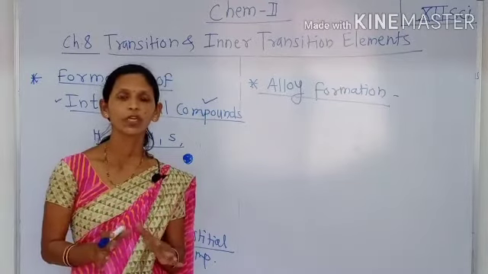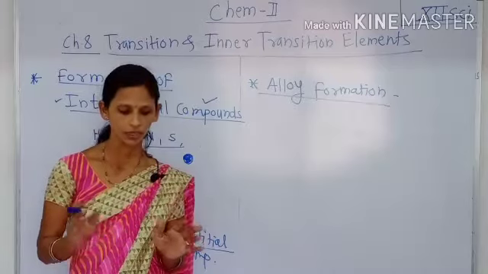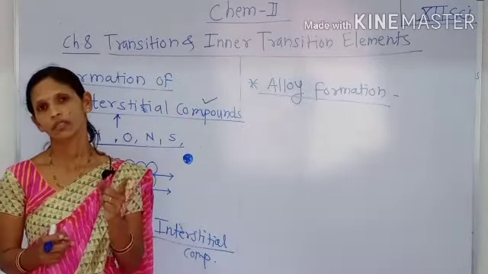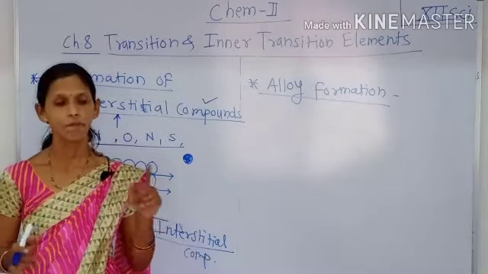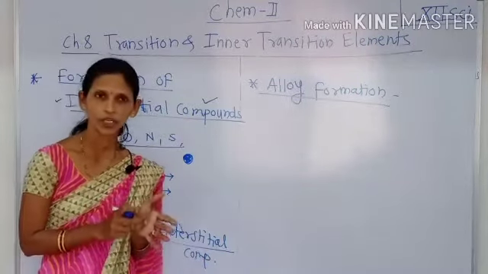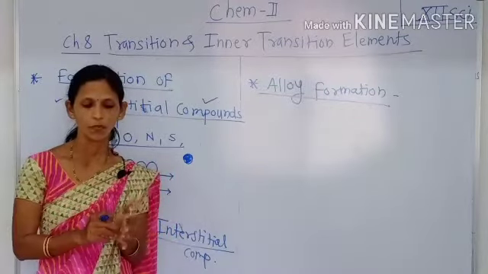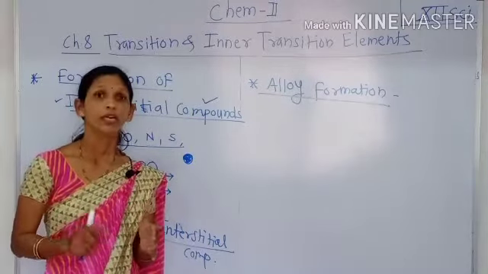That means this property of the metal does not change, it remains as it is. The chemical properties of the interstitial compounds are similar to those of the original metal lattice. The melting point and hardness increase compared to the pure metal from which it is obtained.